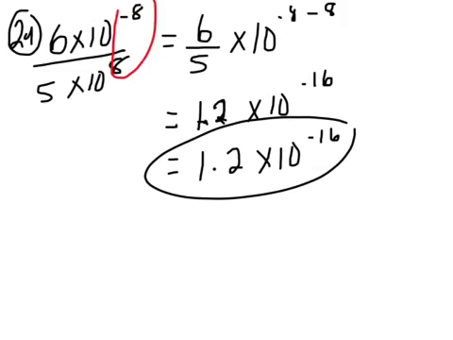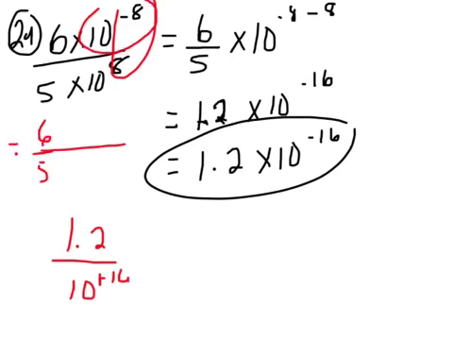You could move that 10 to the negative 8 down into the denominator and have the times 10 to the 16th on the bottom, but then that's kind of a mess to deal with. If you had done that, you would have had 1.2 over 10 to the positive 16th, because if you move this down to the bottom, you would have 6 over 5 times 10 to the 8th, and then you would have moved this to the bottom times 10 to the 8th.